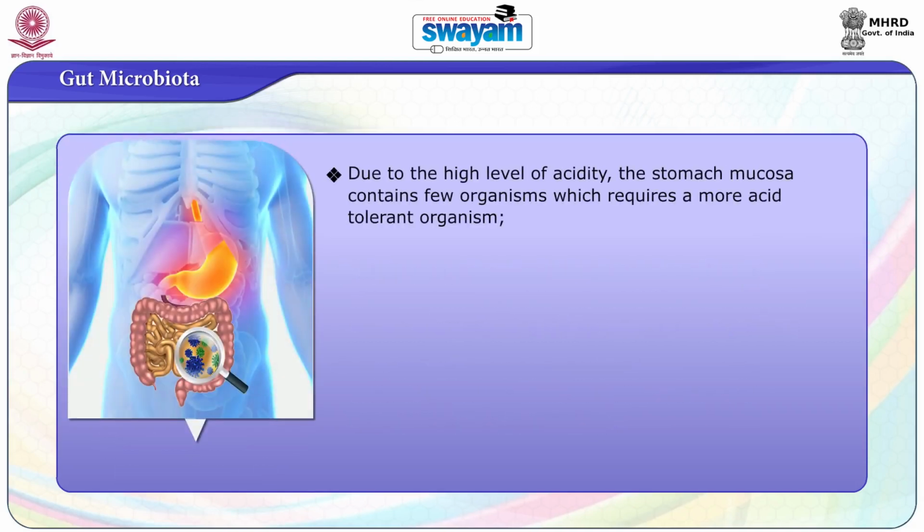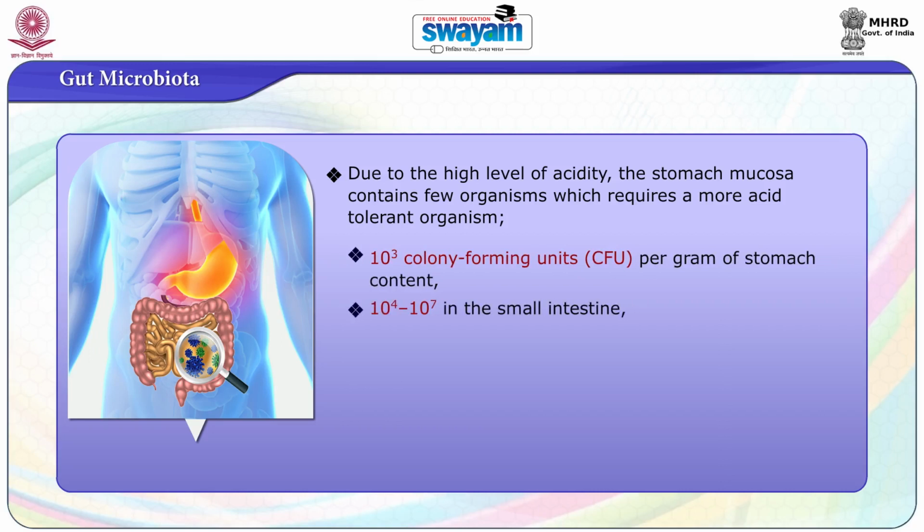Due to the high level of acidity, the stomach mucosa contains few microorganisms, requiring more acid tolerant organisms, which have been estimated at 10^3 colony forming units, CFU, per gram of stomach content, 10^4 to 10^7 in the small intestine, and 10^10 to 10^12 in the large intestine, where the microbial numbers are highest.